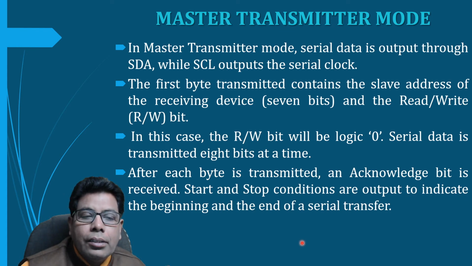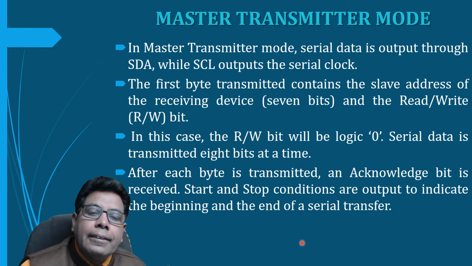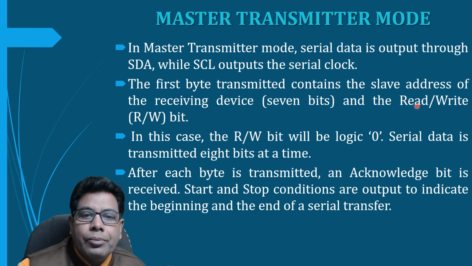So the slave address will be 7 bits, and it will have a read write RW bit. So this RW bit will decide whether to write the data or read the data. So for transmission mode, this will be logic 0. So that is for writing.